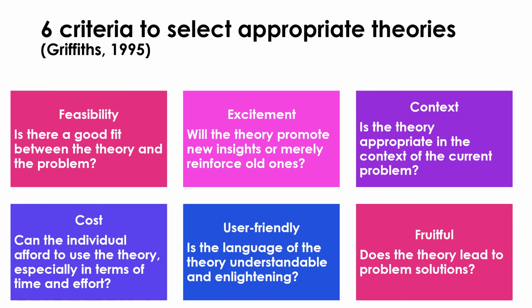Context: is the theory appropriate in the context of the current problem? And cost: can the individual afford to use the theory, especially in terms of time and effort? User-friendly: is the language of the theory understandable and enlightening? The last one is fruitful. Does the theory lead to problem solutions?